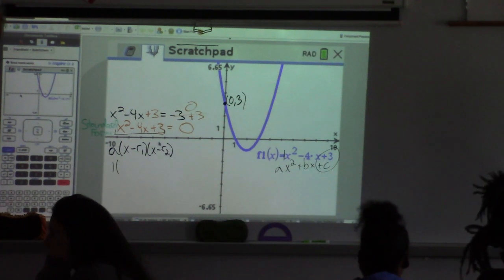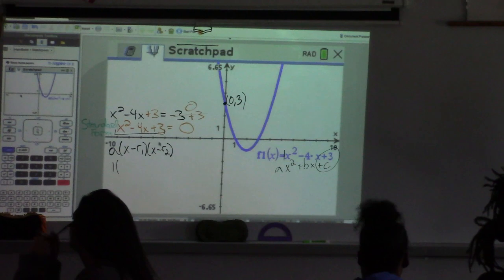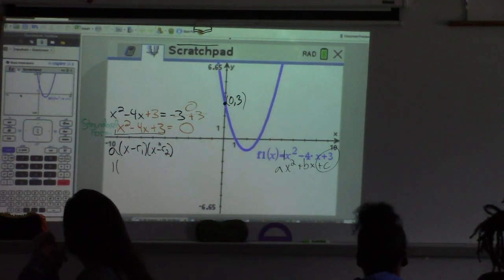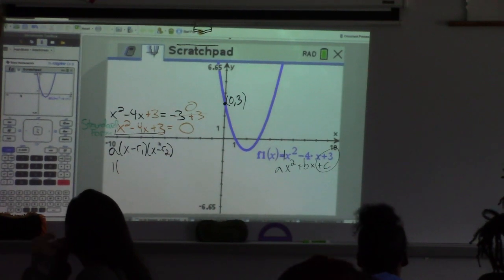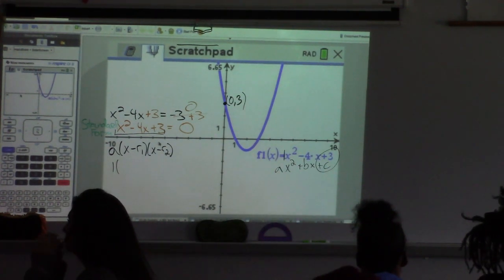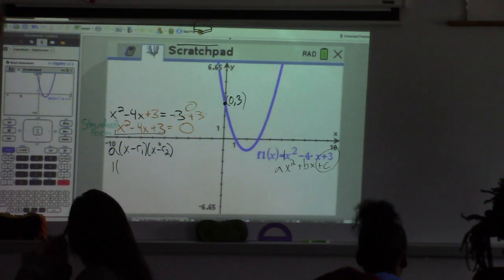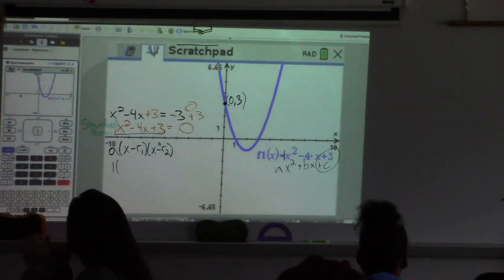Quick thing I want to show you is this. Does anyone know how I can still identify the roots even when they may not be easy to see on the graph? This one should be easy to see, but there's a way to identify the roots every time. What one button do most of the operations run through on the calculator?